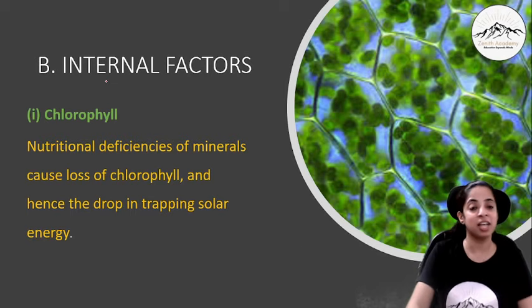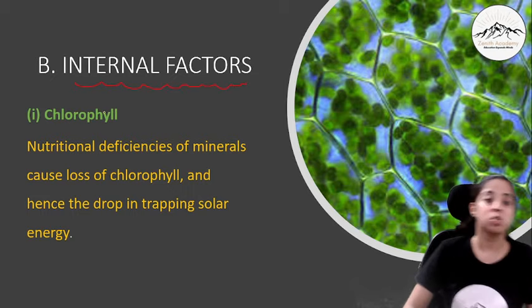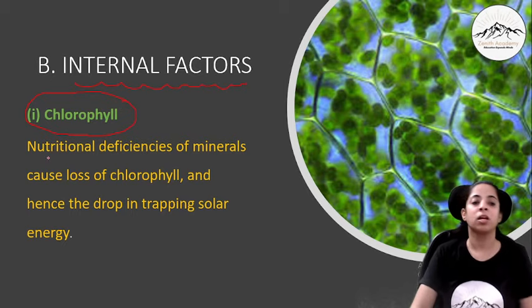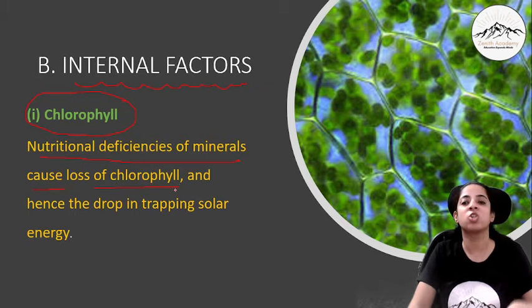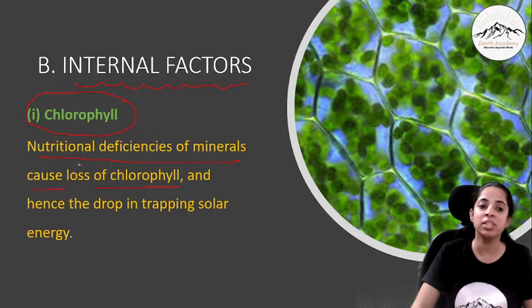We have studied the external factors. Now let's talk about internal factors. So first internal factor is chlorophyll, obviously. Nutritional deficiency of minerals causes loss of chlorophyll. So if the plant has not absorbed enough minerals from the soil, or if the soil is deficient of the nutrients, then what happens?